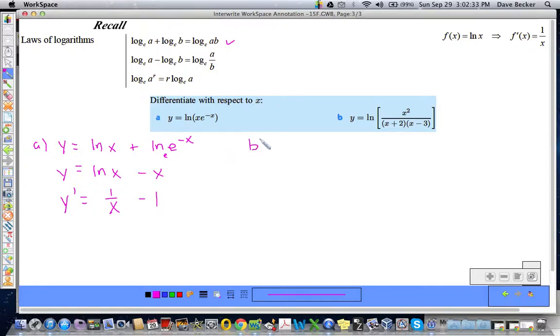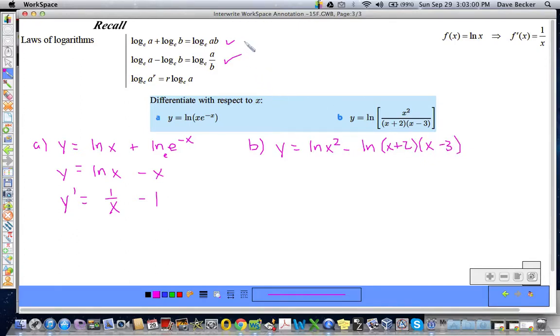Booyah! Okay. So this, I'm going to use the quotient log rule there. When I take the log of a over b, I can rewrite it as a subtraction problem. So I'm going to rewrite b as the natural log of x squared minus the natural log of x plus 2 times x minus 3.